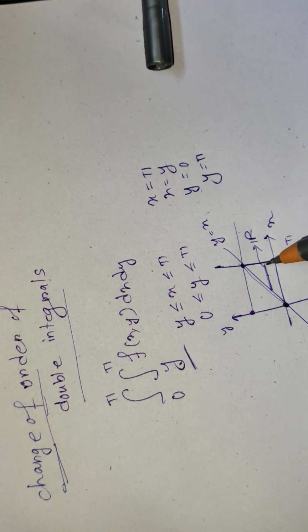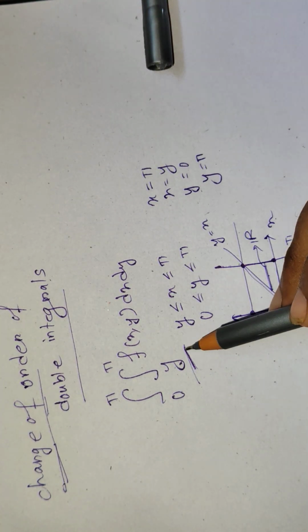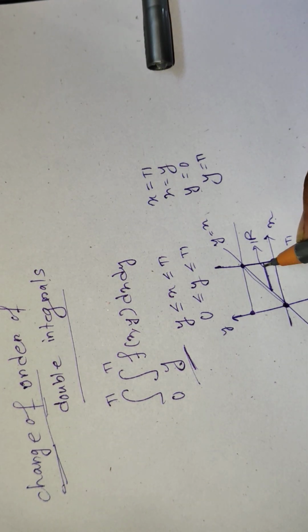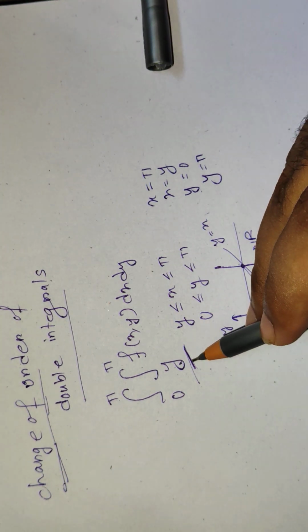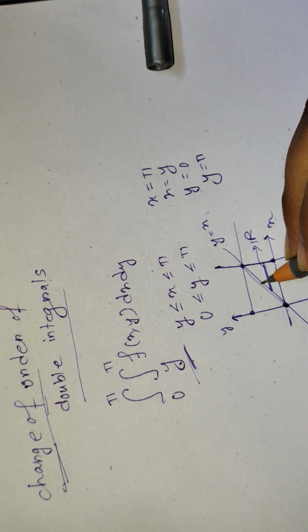We are taking the limit using the strip, that means we are taking the limit of x in that case. But we have to change the order. So how can we change it? This is the horizontal strip. Using the limit we can easily understand: this is the limit of x, that's why this is the horizontal strip. We have to change the strip into vertical.